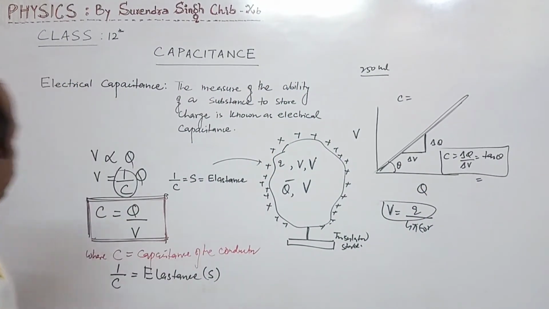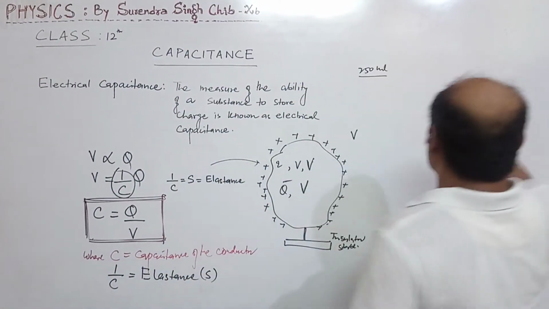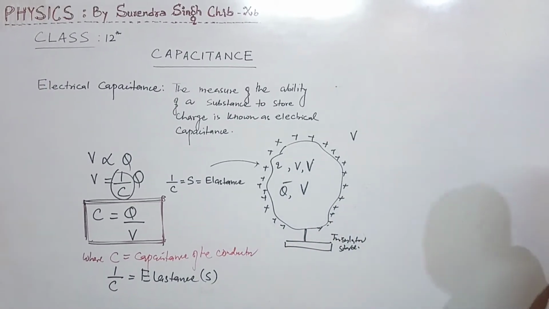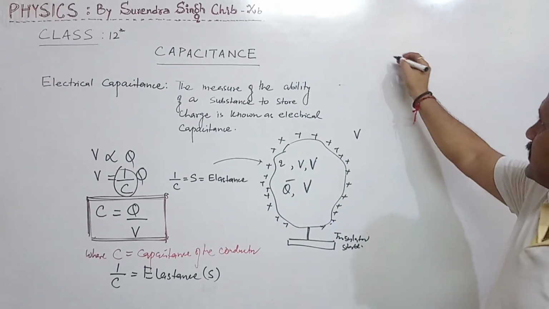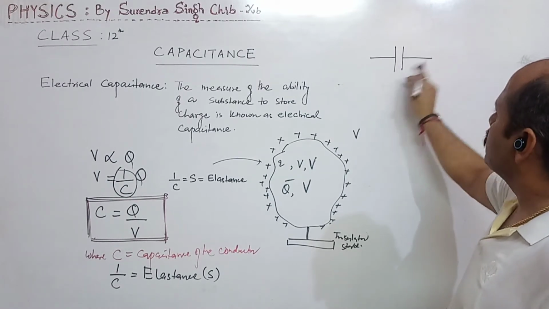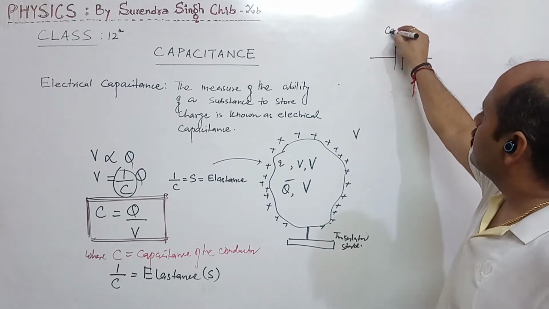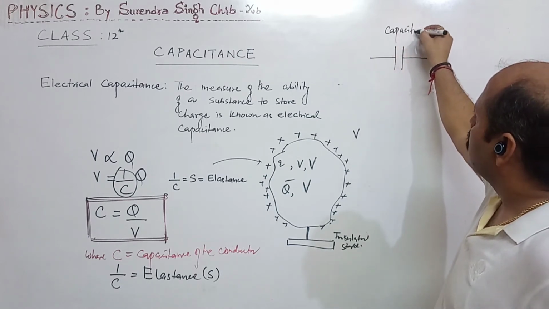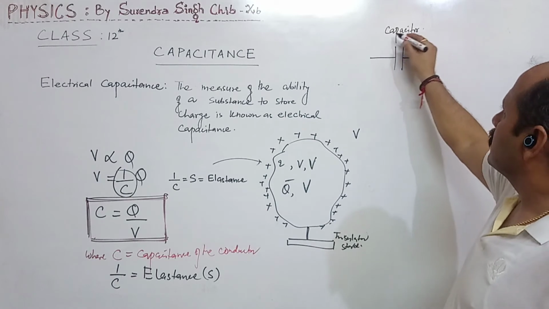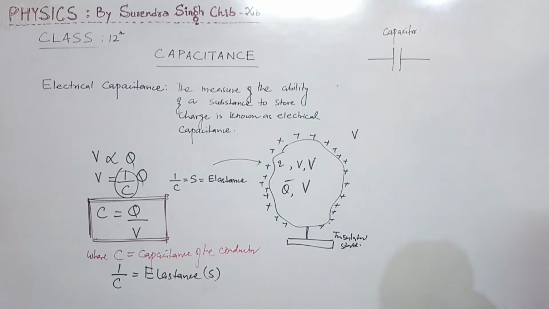Now this is the capacitance. Now let's go for the units and symbols of it. The symbol of capacitance, capacitance of a simple conductor. What is a capacitor? A capacitor is a device that stores charge, that has a capacitance.